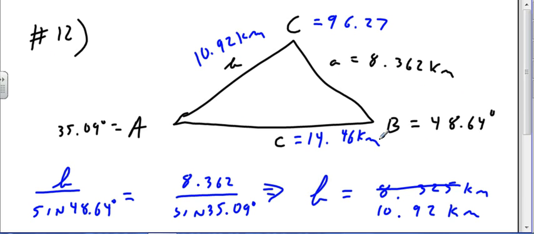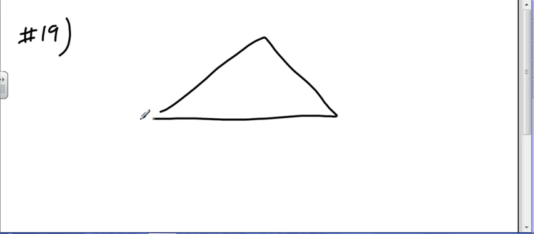All right, next is 19. Oh, wonderful. Just plain wonderful. Degrees, minutes, seconds. Just what we need, right? All right, so A is 31 degrees, 14 minutes, 35 seconds.